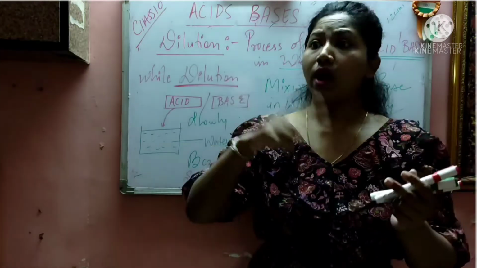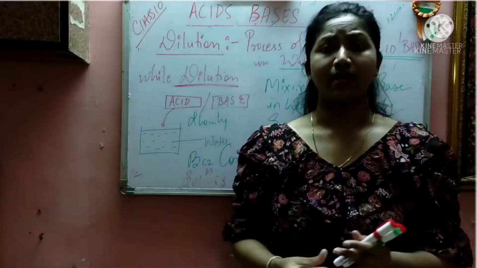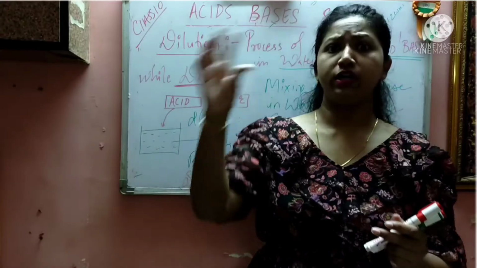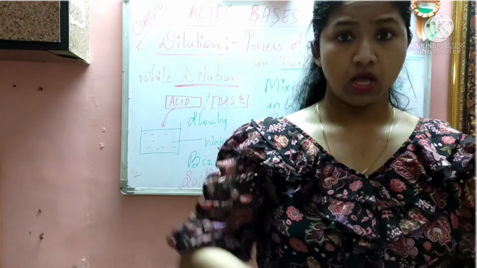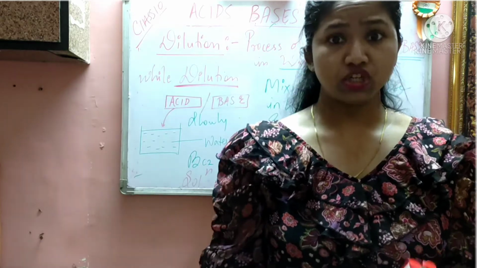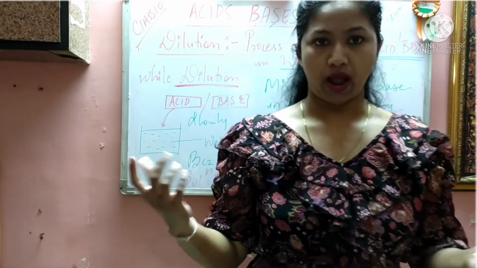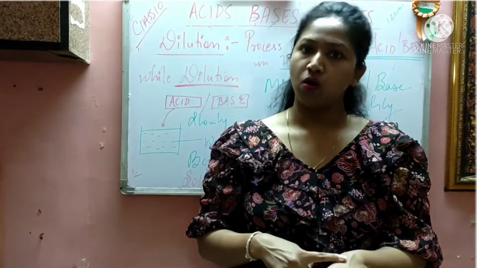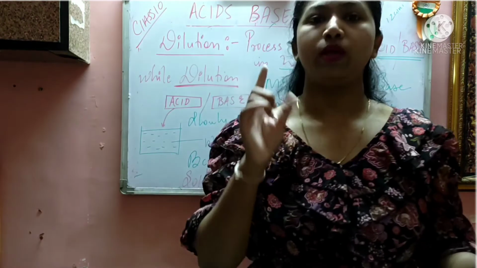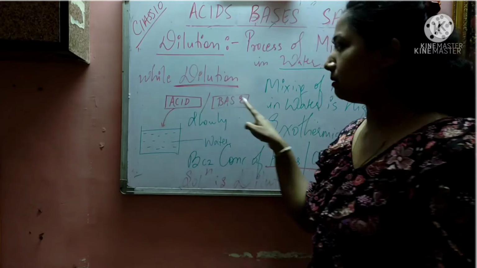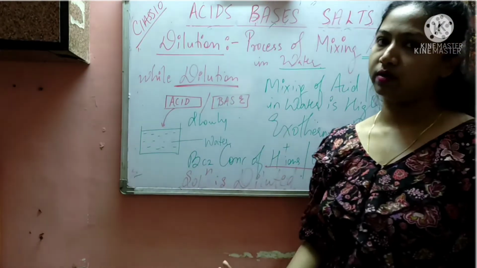But if you add water into acid or water into base, as it is a highly exothermic reaction, the reaction mixture might splash onto you and cause burns, and the glass container might also break. Hence it is always preferred that you add acid and base slowly into water.